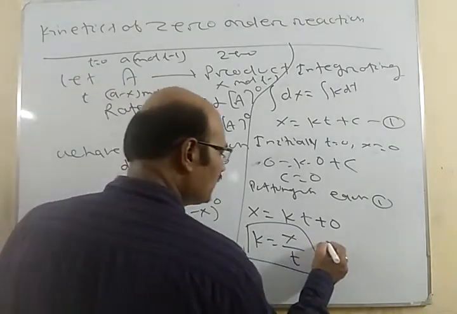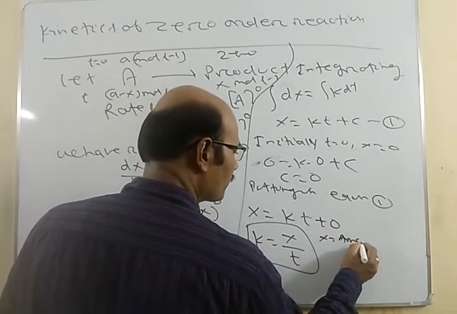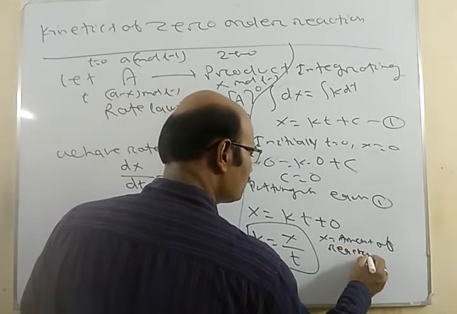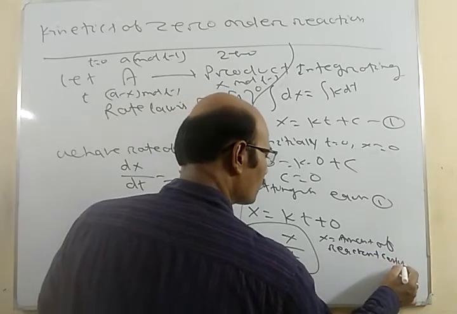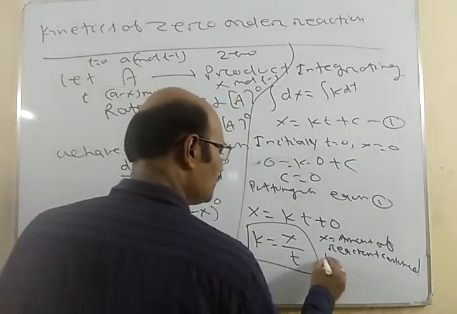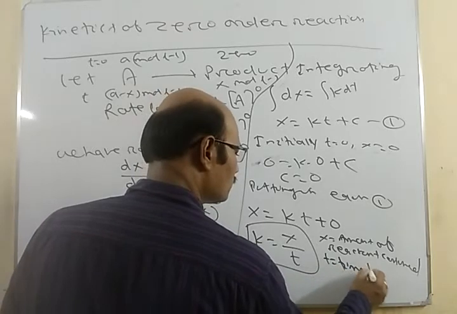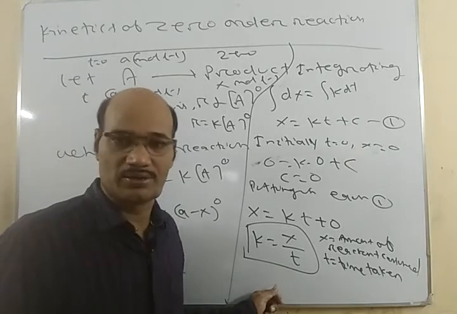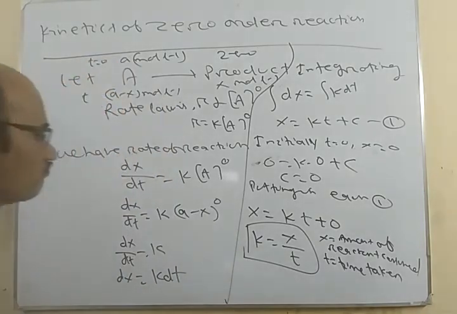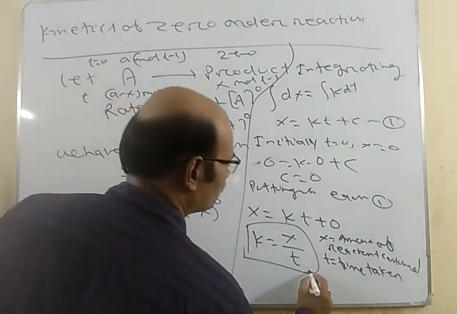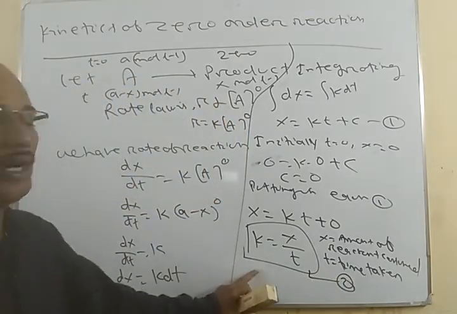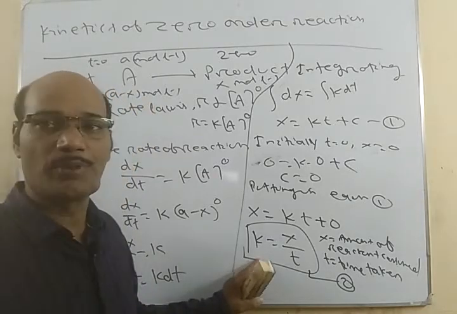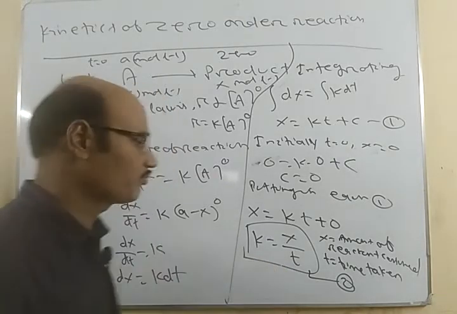So k equal to x by t is the integrated expression for the rate constant of a zero order reaction, where x is the amount of reactant consumed, t is the time taken, and k is the rate constant. This equation 2 is the integrated rate expression for the rate constant of a zero order reaction.